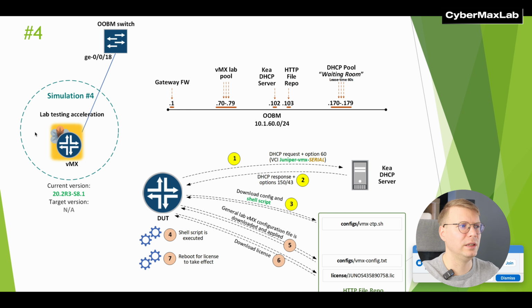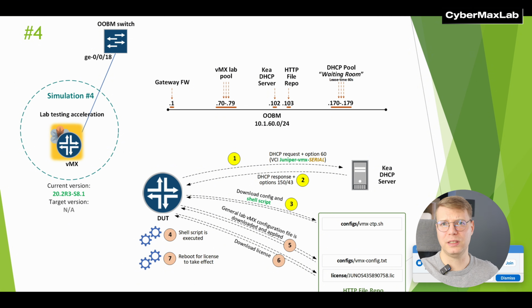So currently, VMX in this scenario will be running 22R3S8. We will not be providing any instructions to upgrade the code on VMX. We're just interested in the configuration. And this portion will be a little different. You remember the waiting room. My idea is that my VMXs will be landing in the waiting room, but I don't want them to be there.